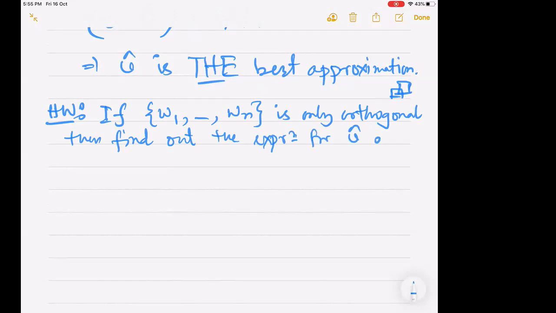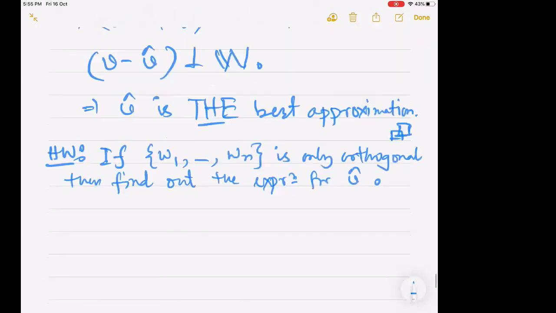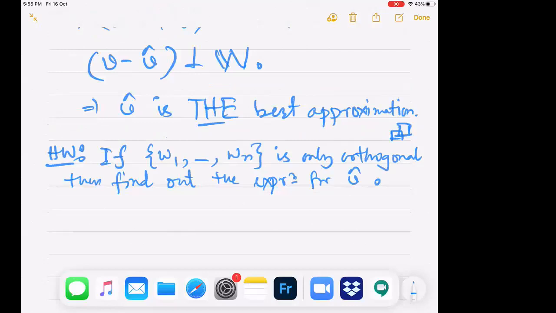Now this actually ends today's discussion. What we have seen is this idea of inner product. We started with the idea of inner product, which is an extension of the idea of dot product for real numbers for R3.